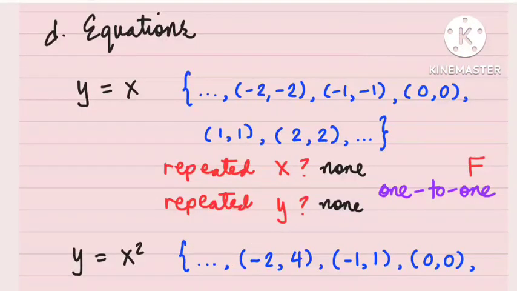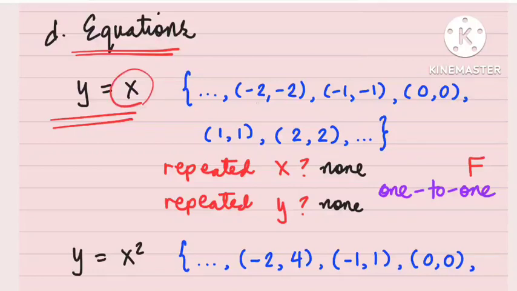For our last part, what if the given is an equation? What if the function is expressed as an equation? How do you know whether the equation is that of a function or not? Let's study y is equal to x. If my x or my input is -2, then my output will be the same, -2.